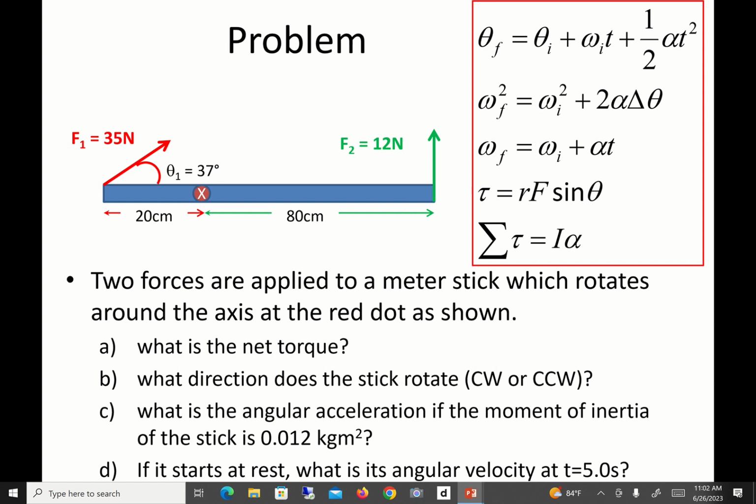I want you to do basically what I did in the previous problem. Find the net torque and what direction the stick rotates. In part C, we tell you what I, the moment of inertia, is, and I want you to find alpha. Then I want you to go back and do kinematics: if it starts at rest, what is its angular velocity 5 seconds after it starts?